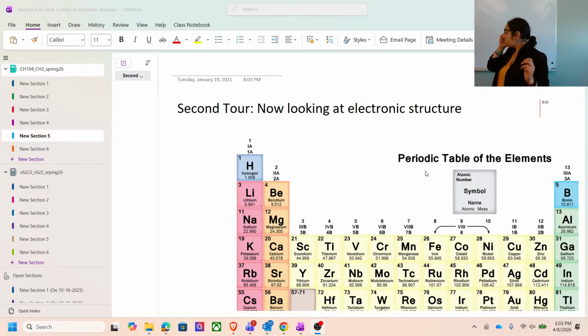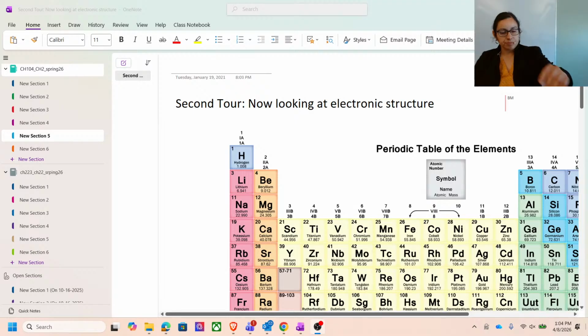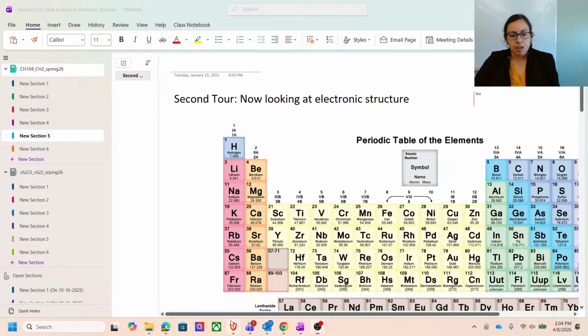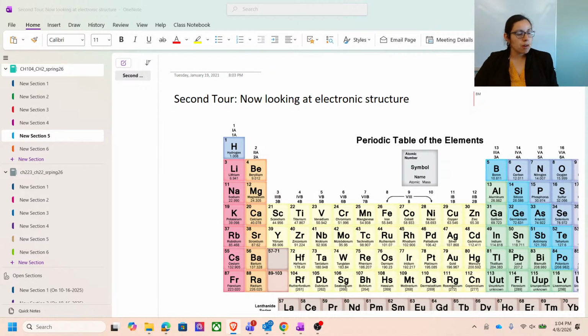All right. So now we're ready to look at what I call our second tour of the periodic table. And so let's start. We're going to look at the periodic table again, and so we can pull up our P table.